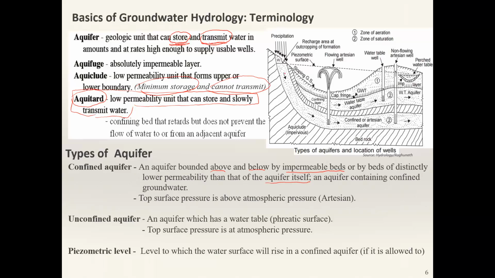So this is an example. This is a confined aquifer. Now you can see it is bounded by two impermeable layers. So that kind of aquifer is a pressurized aquifer. If you drill a well into this aquifer, now you can see this well can give you water throughout the year, right?